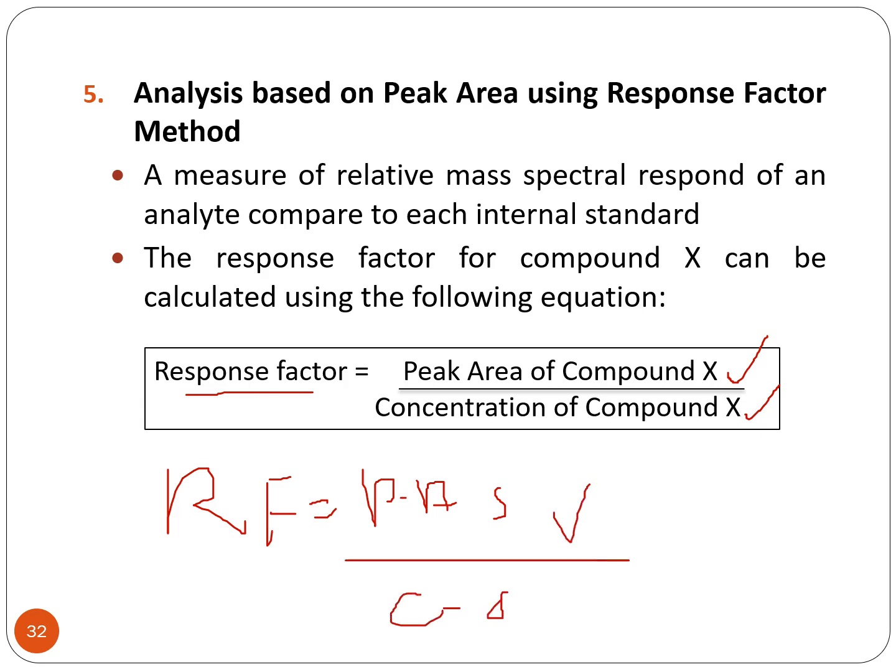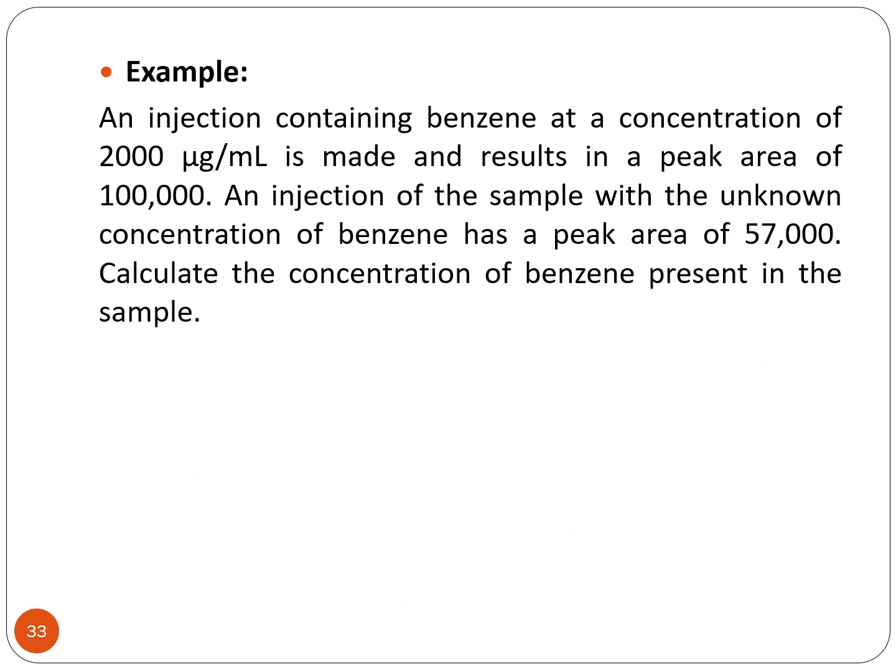So dua-dua ni kita tahu concentration of the standard. So in order to get the concentration of compound X ataupun unknown, kita boleh compare between these two response factor. Okay, untuk lagi faham, kita akan tengok the next example. Then lagi kita tengok this example.